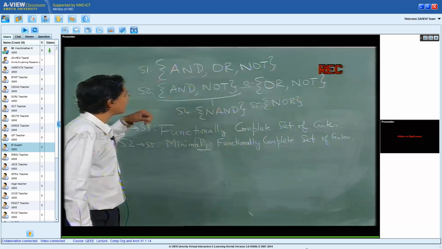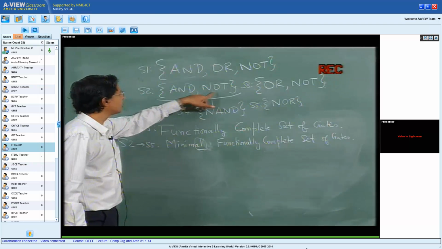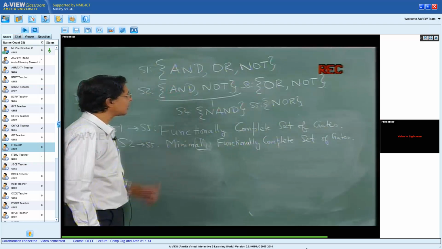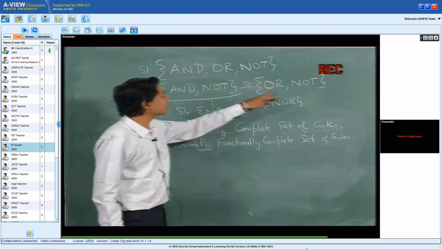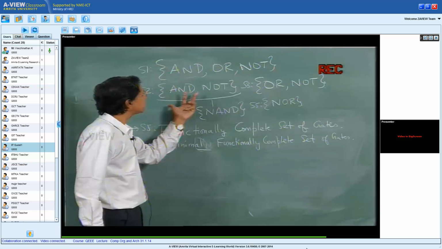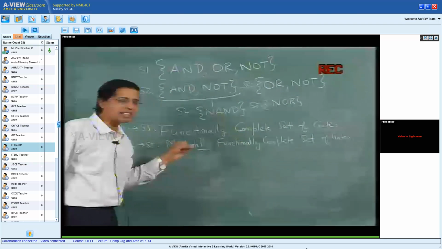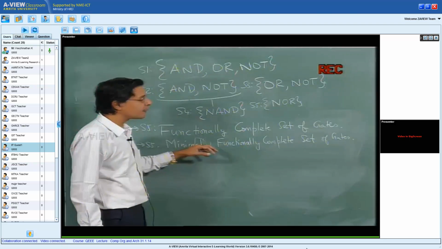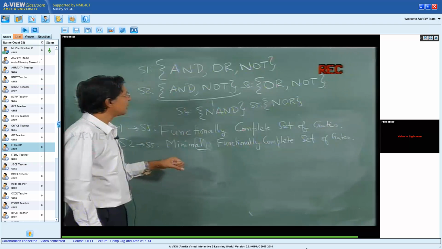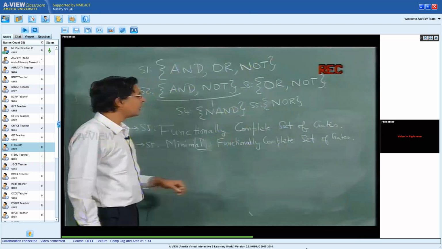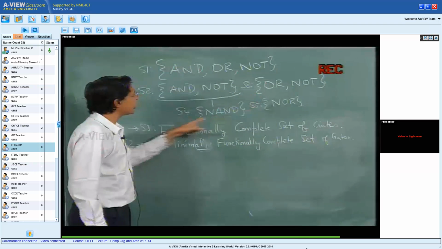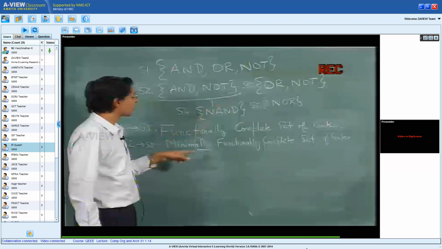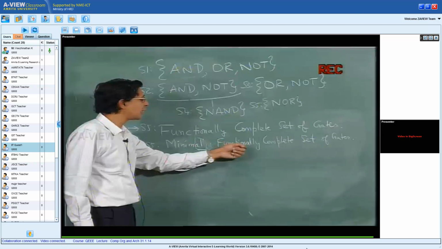Similarly, if I remove the AND gate and I have only NOT, it still ceases to be a functionally complete set. Similarly, in the case of OR and NOT, both these gates are absolutely necessary for you to realize the Boolean function. Similarly, in the case of NAND, NOR. So these 4 sets are called minimal functionally complete sets.